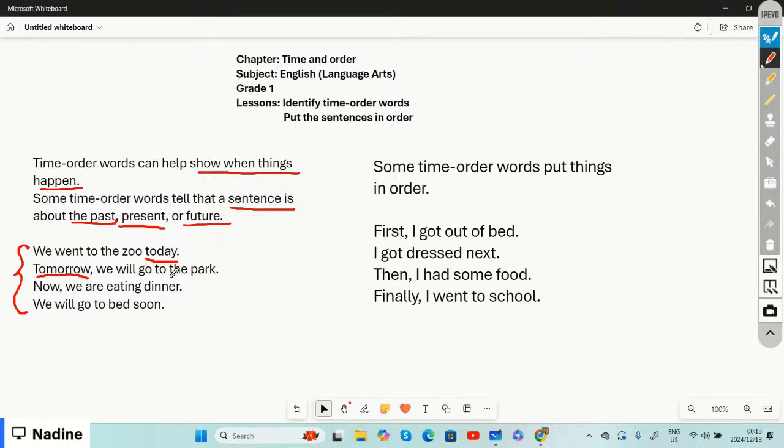And if we look at the word today, then today tells us it's in the present. Because remember, we said that some time order words tell us if the sentence is in the past, in the present, or in the future. So this can either be present, but if we look at the word went, then went basically shows the past.